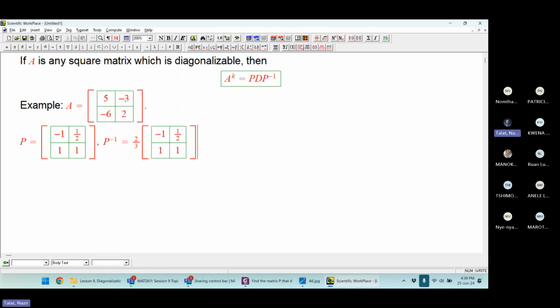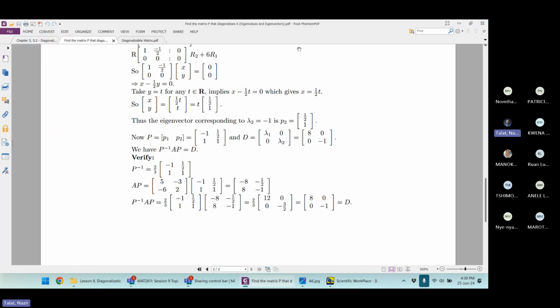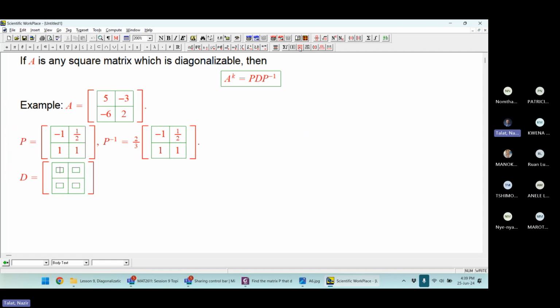So this is the P inverse. D is also available. D always contains the diagonal entries, which are the eigenvalues. In this case, we saw that D is 8, 0, 0, and minus 1.